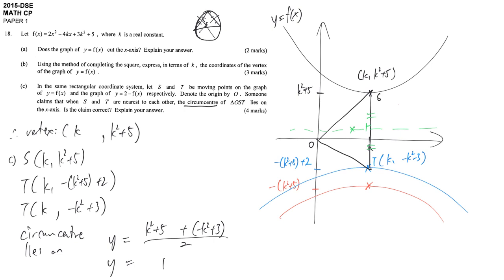We get y equal to 1, which is the green line here, y equal to 1, which never crosses the x-axis. So that's why the claim is wrong, incorrect.